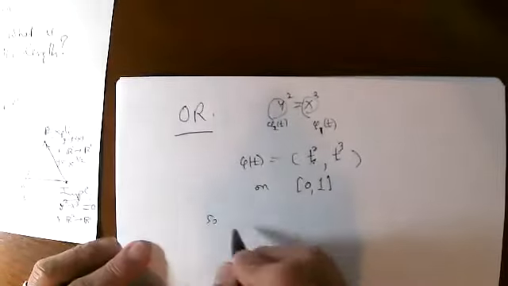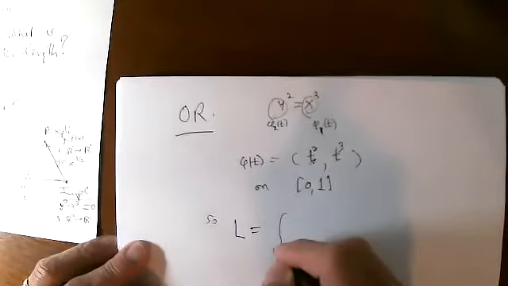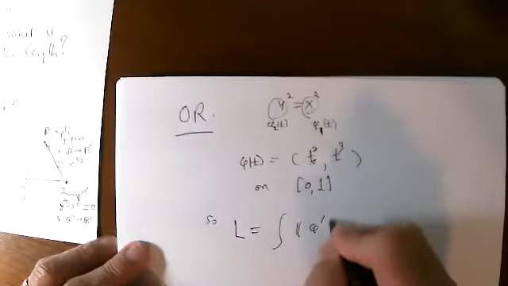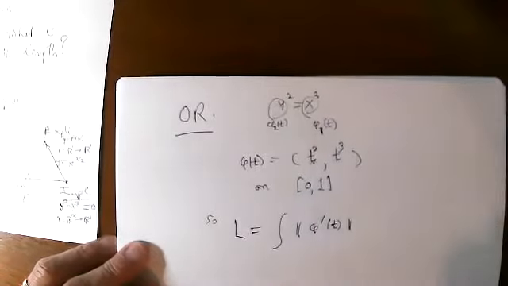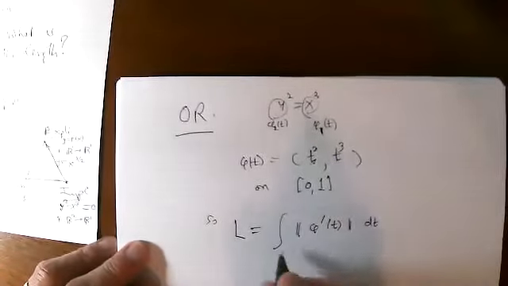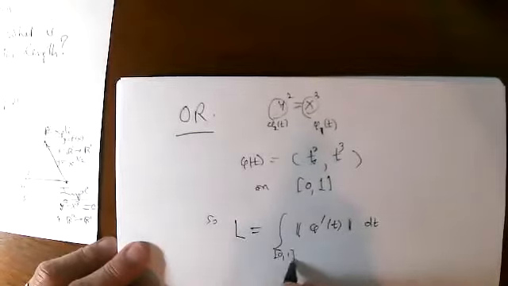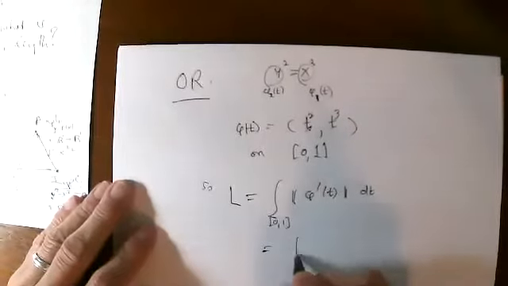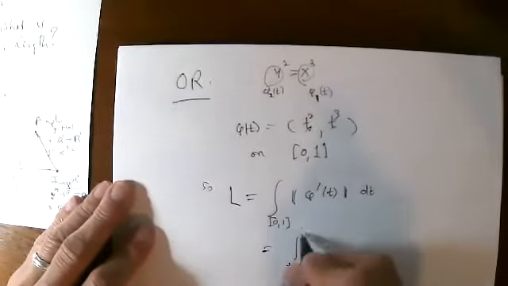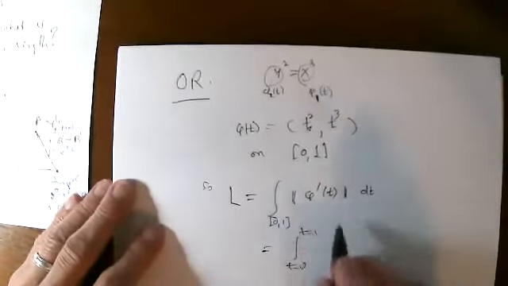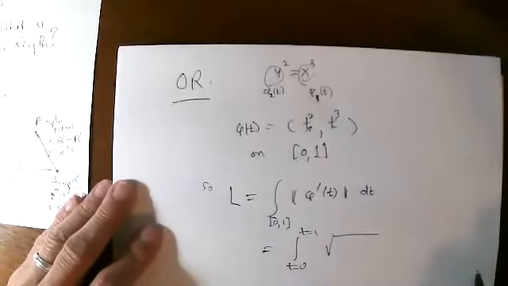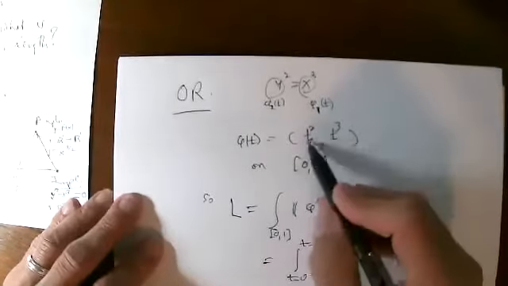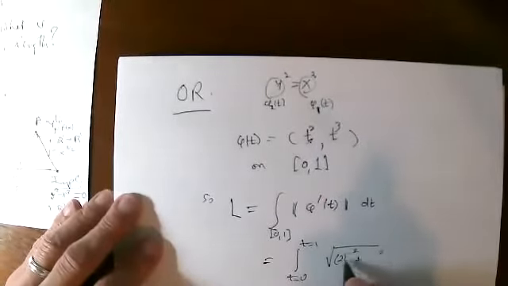And so my length can now be found by integrating the magnitude of the derivative of this parameterization function, again on the interval from 0 to 1. And this integral looks different because my parameterization is different. I'm integrating from 0 to 1, but this will be the square root of the sum of the squares of the derivatives of those two component functions.